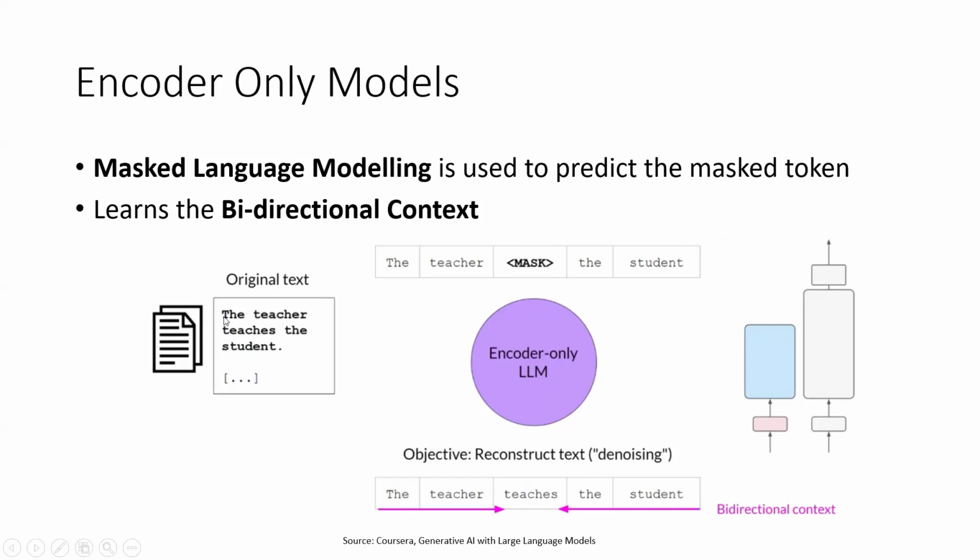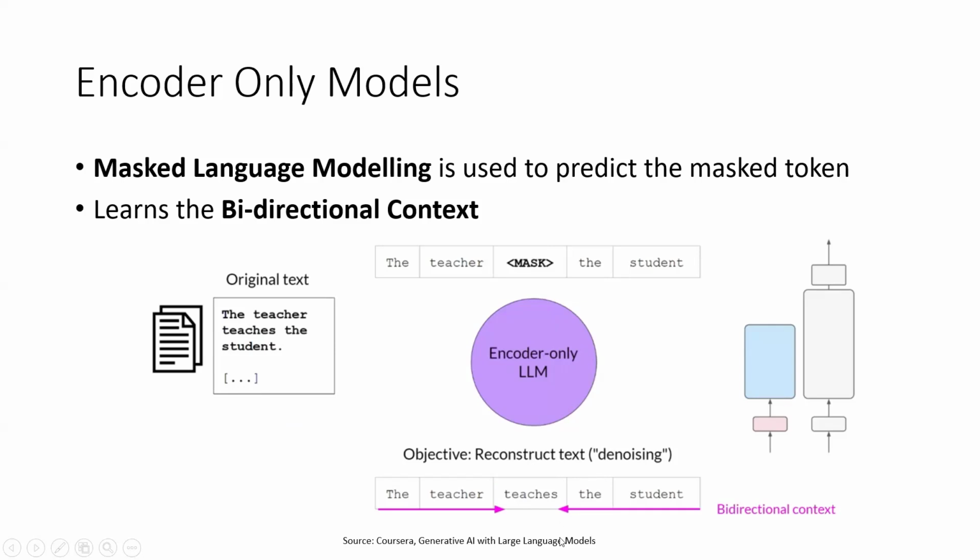So if you take this sentence, the teacher teaches the students, you have randomly masked the third token, which is teaches, replacing it with the mask token, the teacher mask the students. So now the encoder-only LLM is trying to figure out what the missing term should be. This is known as denoising, right? It is trying to reconstruct the original text that was in the original dataset.